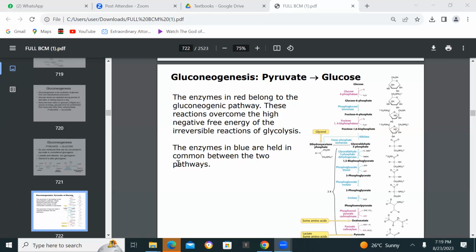If you want to stimulate glycolysis, one trigger was AMP. The other trigger was fructose 2,6-bisphosphate. If you want to inhibit glycolysis, it was citrate and ATP. I think that's the summary I can give.